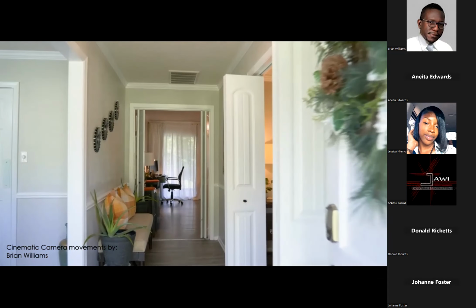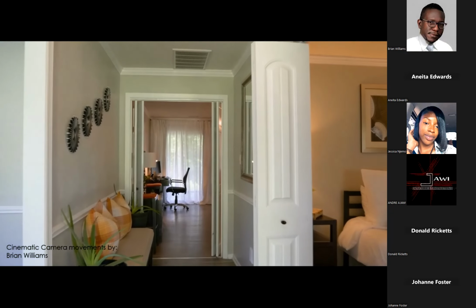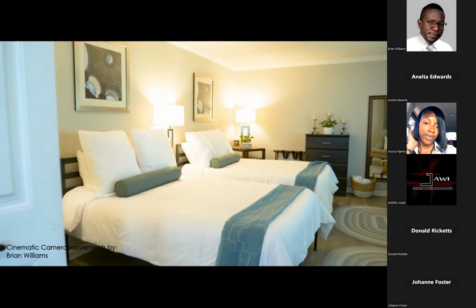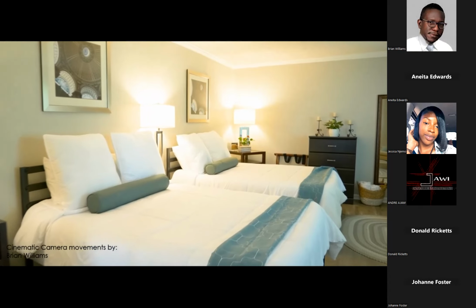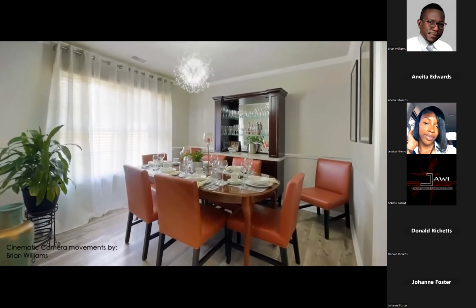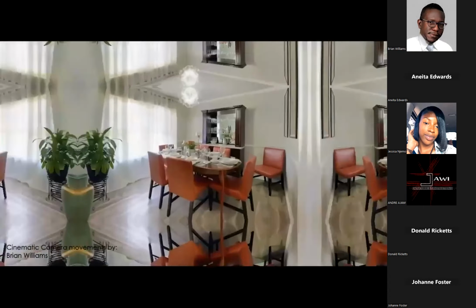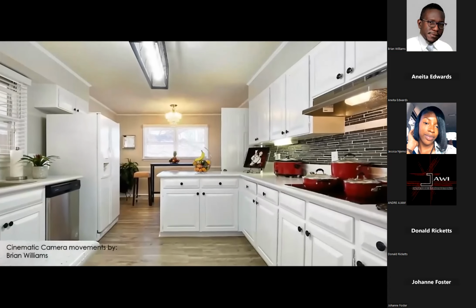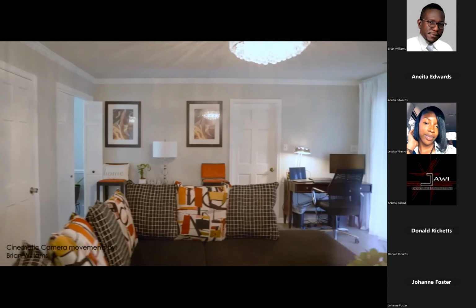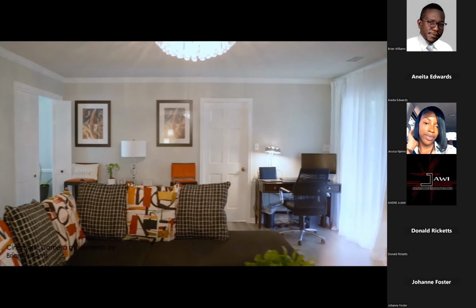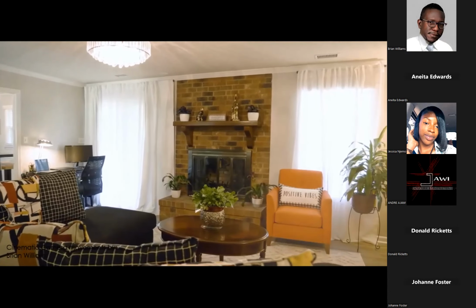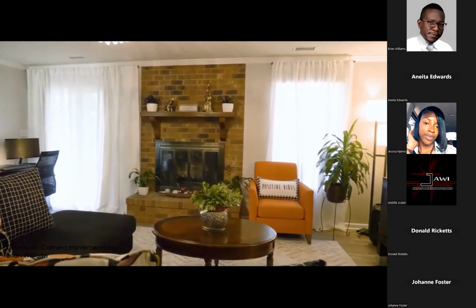And an interior designer redid the interior of this space. So these are some of the interior images. And what I want you to notice about this is it's about the camera movement, right?